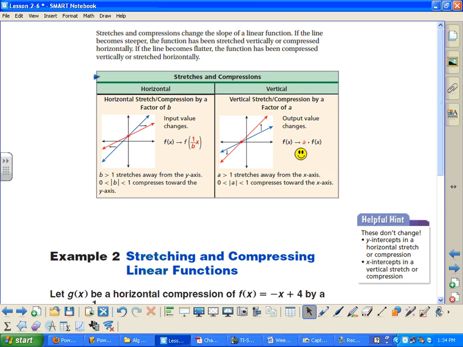All right. Now, notice that with the vertical stretch, it's going to be a times whatever number this is. So I'm multiplying the whole y value, or all of the y values, by whatever the transformation is. And for horizontal, though, notice it says 1 over b, okay, which is, what do we call that? If I have 1 over the value, what is that?